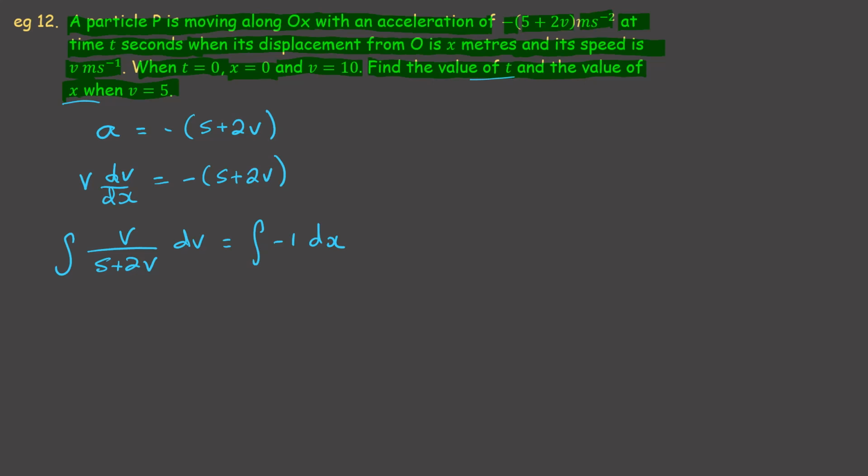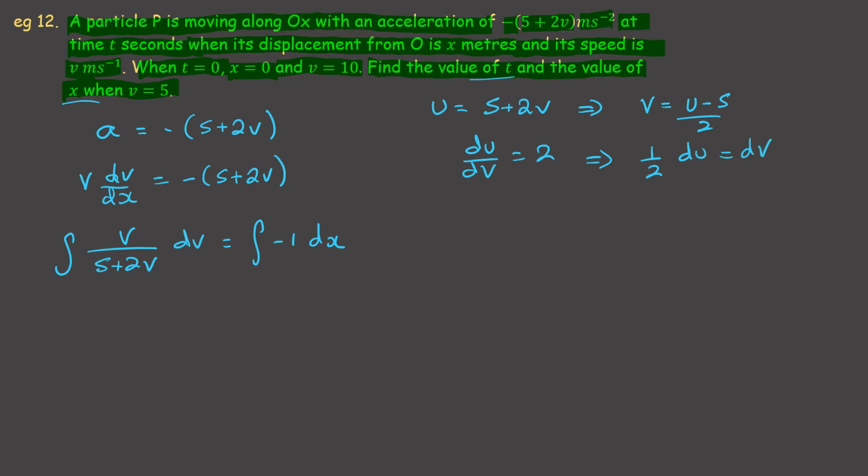plus 2v. We could do this using a substitution. U is 5 plus 2v, and that means that v is equal to u minus 5 over 2. du dv would be equal to 2, and that means that 1/2 du is equal to dv.